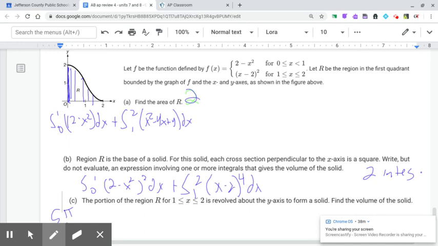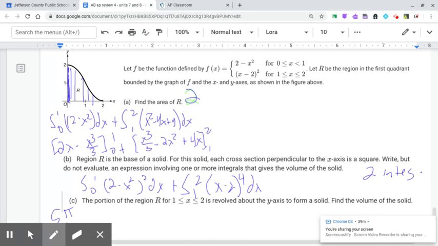All right, so let's integrate. This first antiderivative is 2x minus x cubed over 3 from 0 to 1. This next is x cubed over 3 minus 4x squared over 2, so 2x squared, plus 4x from 1 to 2.